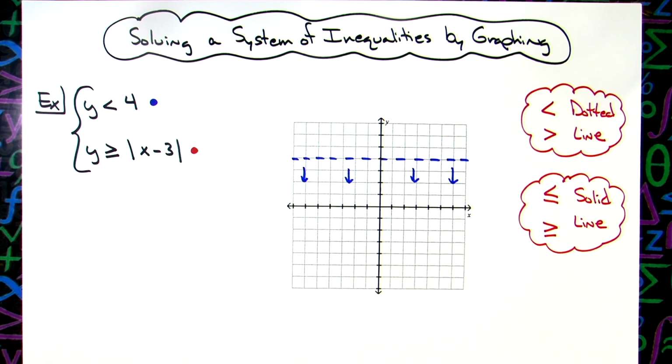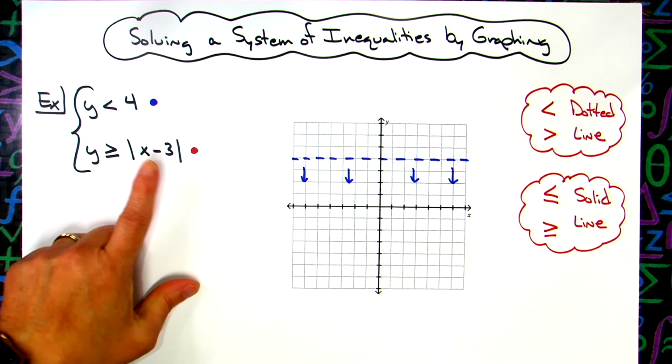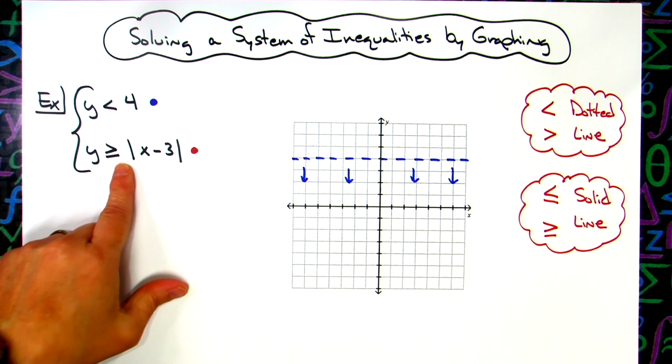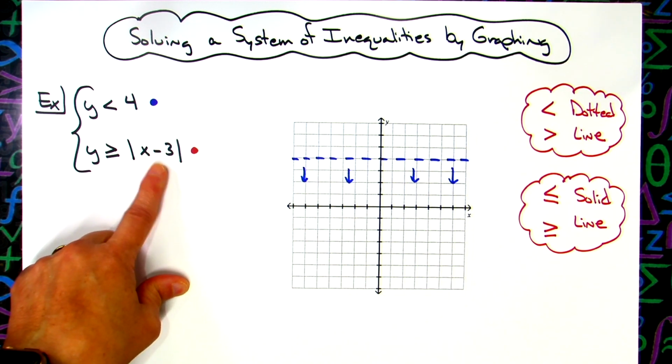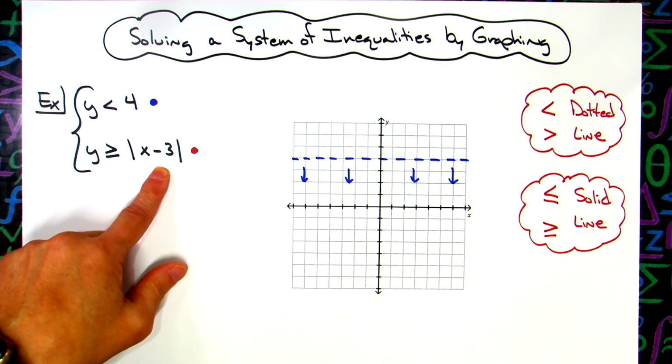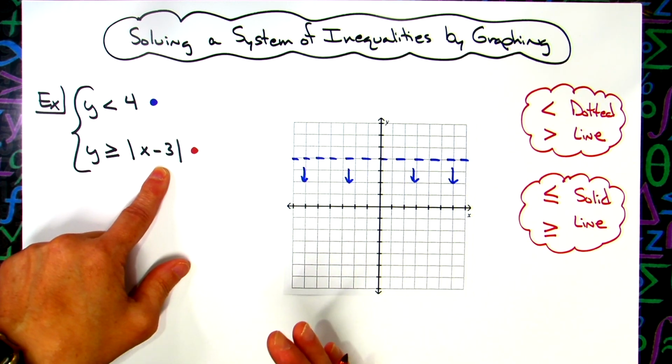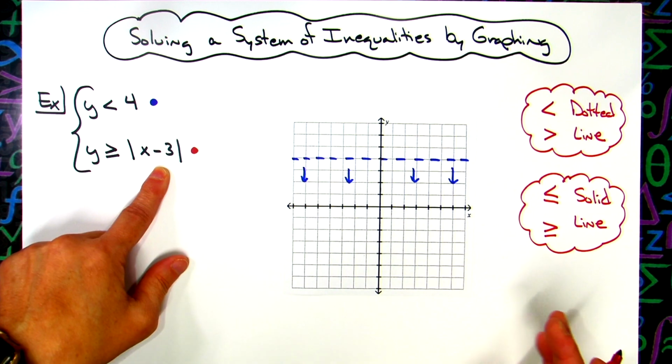Now, for the second one here, we're going to graph it in red. It is an absolute value graph, so we know it's a V. It has the positive coefficient 1 right there, so I know it's an upright V. So I can real quickly sketch this. The -3 is on the inside of the equation, so it tells me I'm going to go to the right 3 using my transformations.